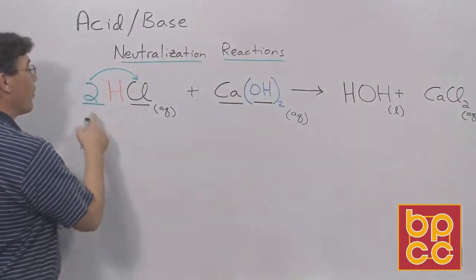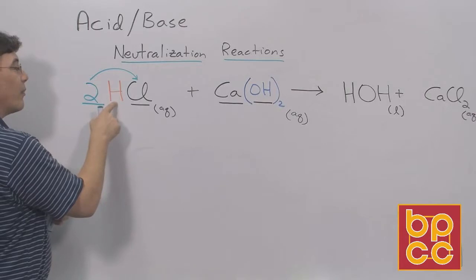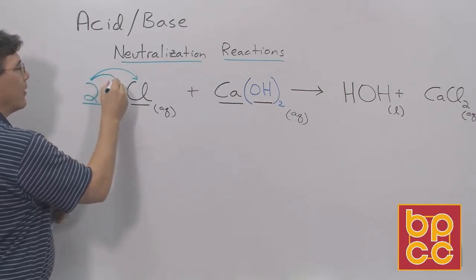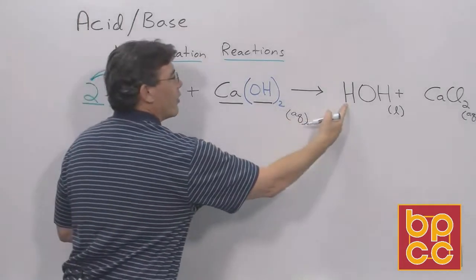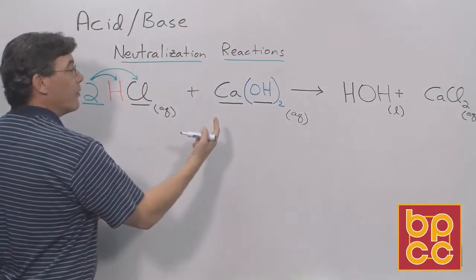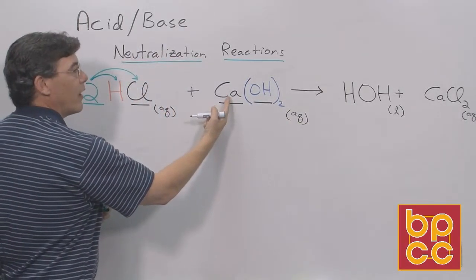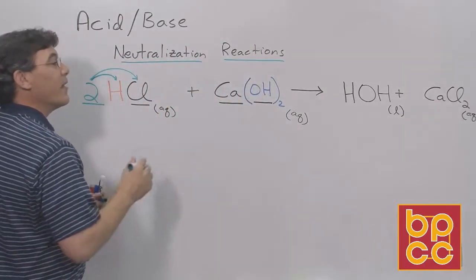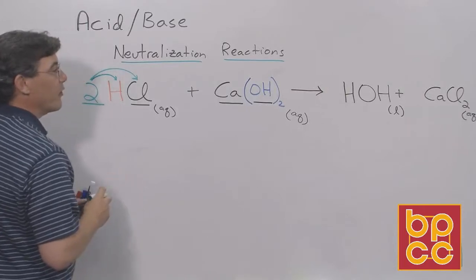Now what that did, of course, you can probably tell, is that increased the number of hydrogens to 2. Okay, so just keep that in mind. We're talking about this hydrogen here. Now the calcium, there's 1 on this side, and there's 1 on this side, so the calciums are balanced. And here's the neat thing about balancing acid-base reactions.